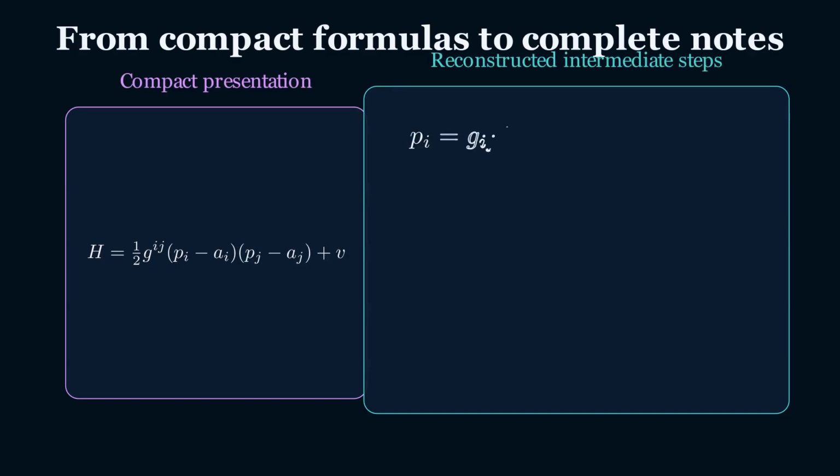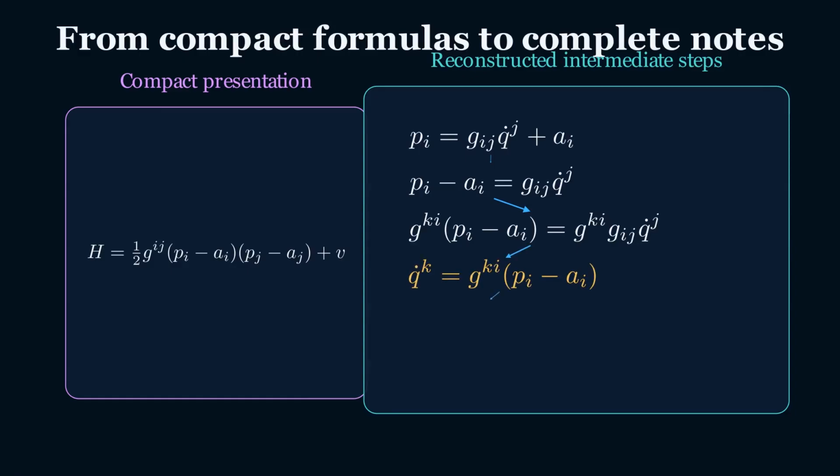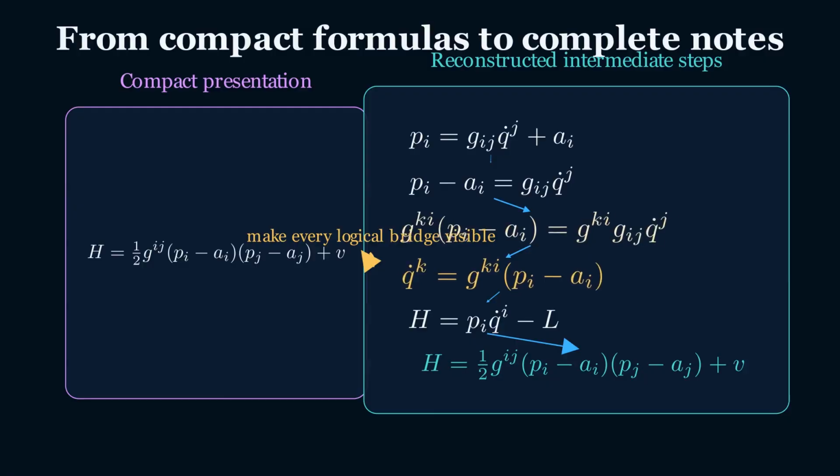Their purpose was not to replace the book, but to connect its compact presentation with a complete, step-by-step understanding. Whenever a calculation moved rapidly from one line to another, the missing intermediate steps were reconstructed. Whenever a geometrical object appeared, the notes explained what it measured, why it belonged in the formula, and how it could be checked in coordinates.